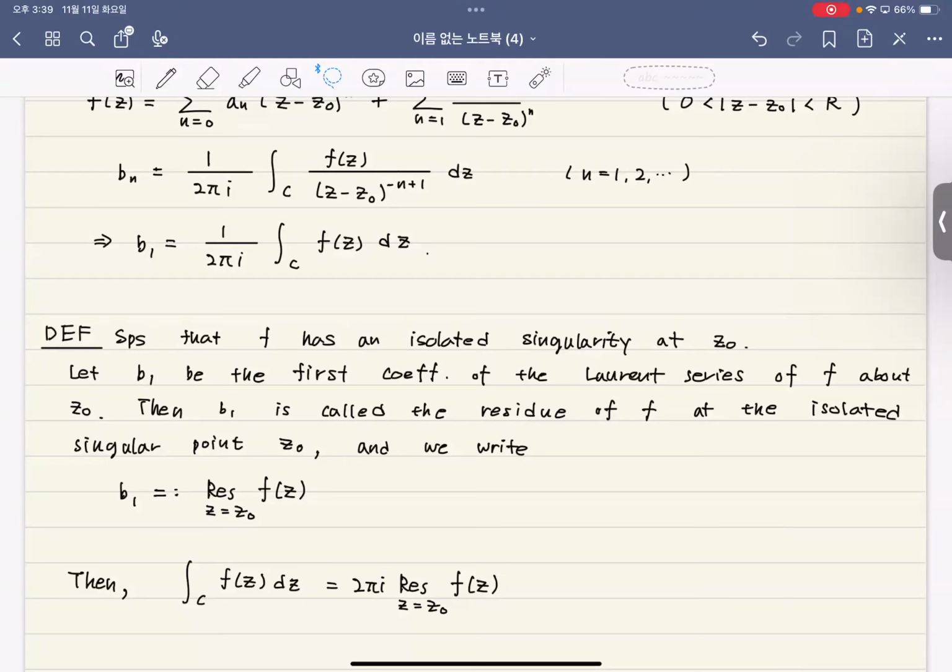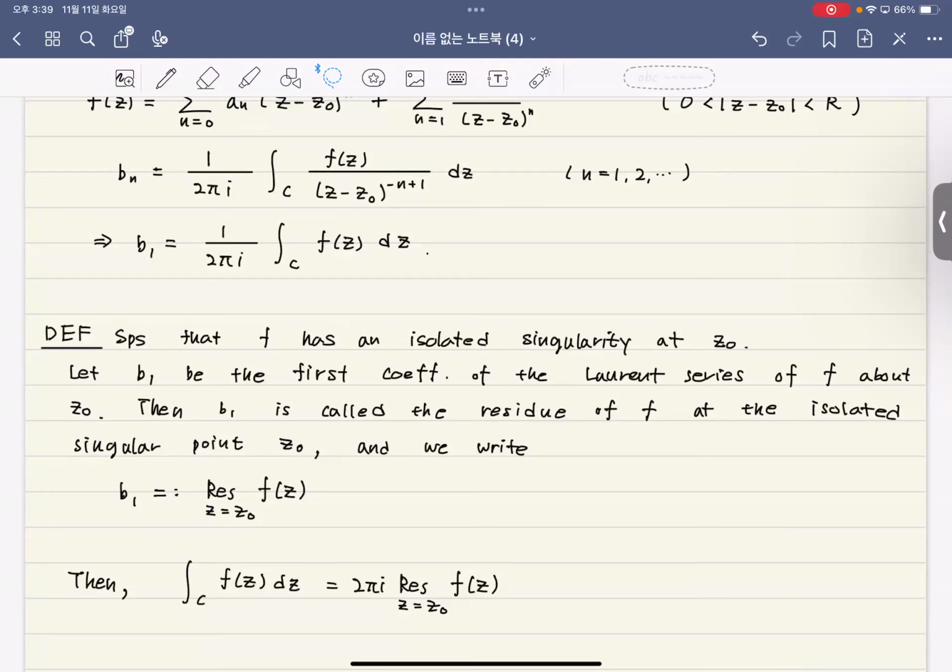So in order to get the residue, first of all, you will need to consider the Laurent expansion of your function, and also make sure that the inside radius equals 0. Then you can get the first coefficient of the negative power, b1. Okay, so this is just one point.